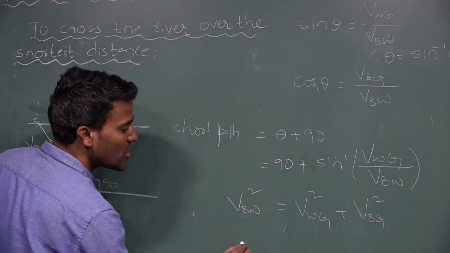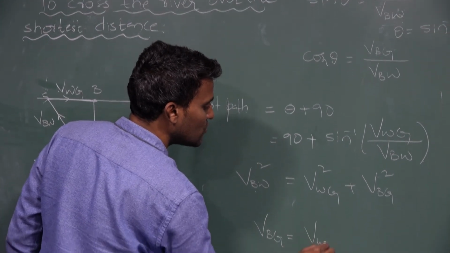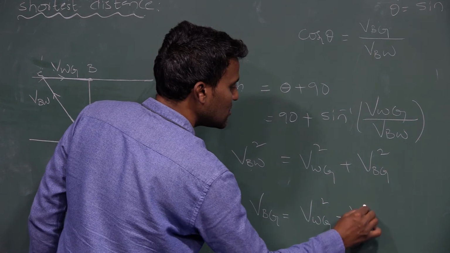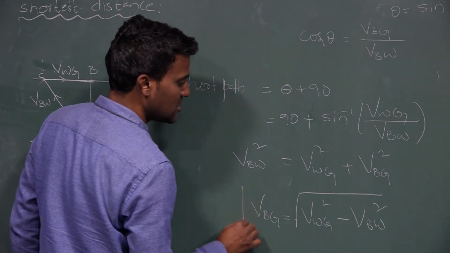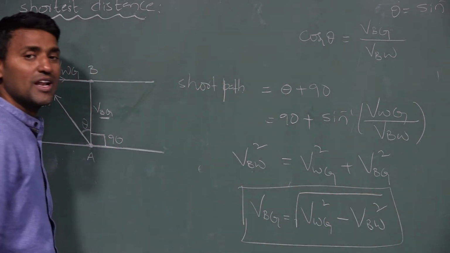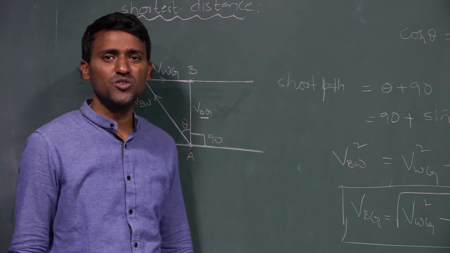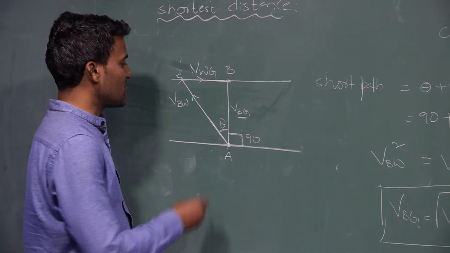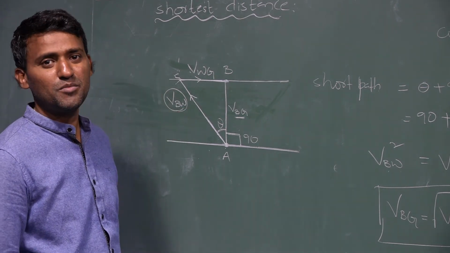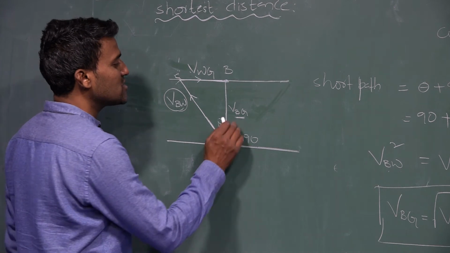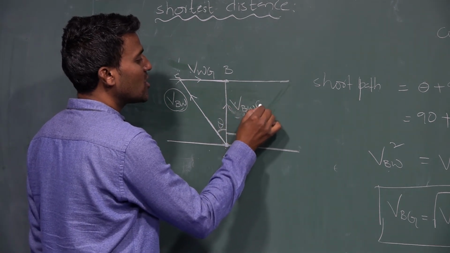Now VBG, if you want to write here, VBG is equal to the square root of VBW square minus VWG square, which is the velocity of the boat with respect to ground. And now this VBW is also resolved into two components. One is the horizontal component, VBW cos theta.